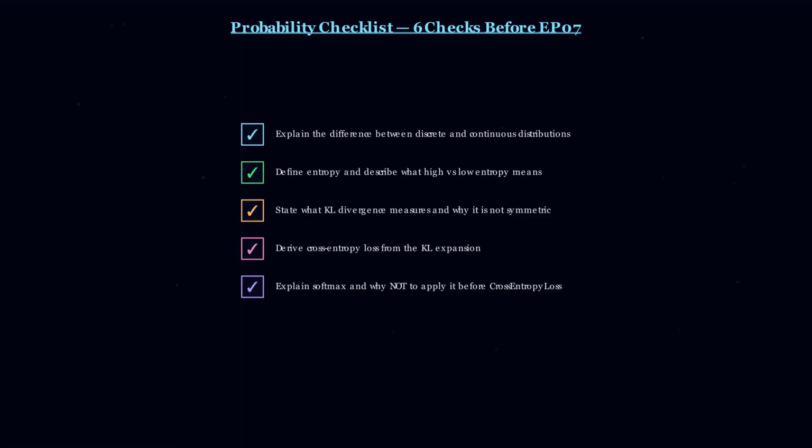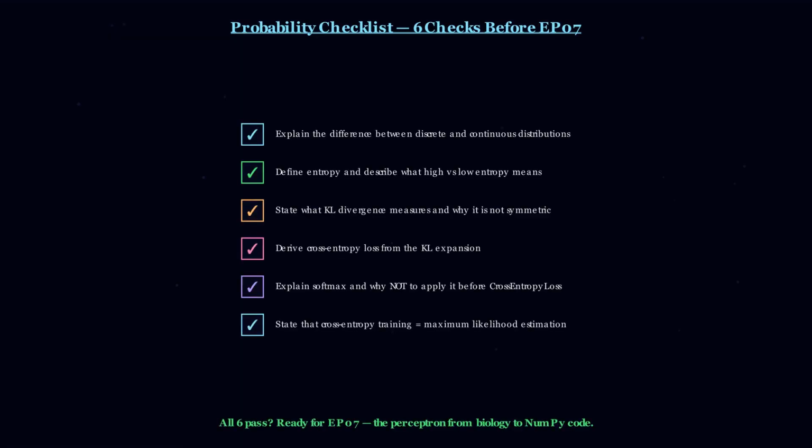Before episode 7, run through this checklist. Check 1. You can explain what a probability distribution is and the difference between discrete and continuous. Check 2. You can define entropy and explain what high versus low entropy means for a classifier's output. Check 3. You can state what KL divergence measures and why it is not symmetric. Check 4.